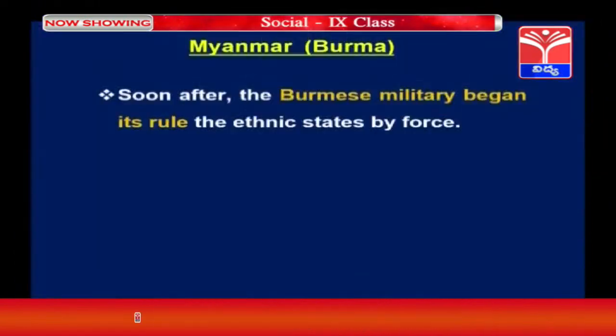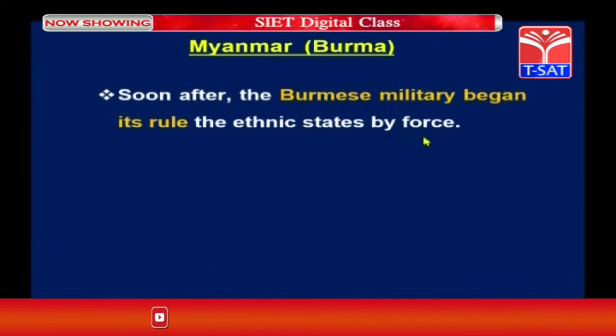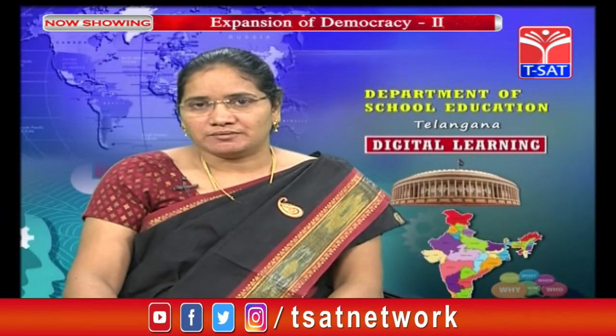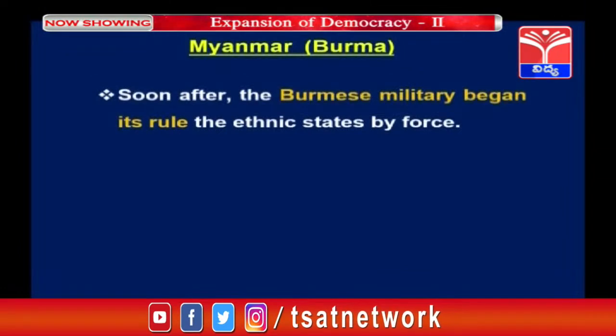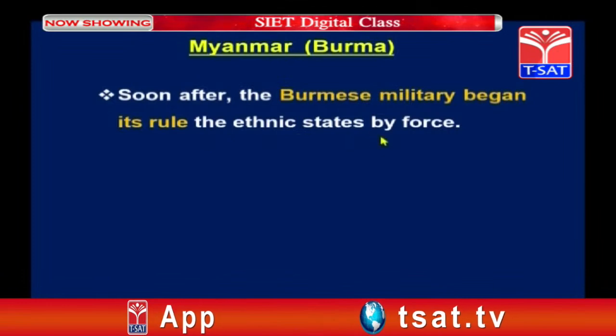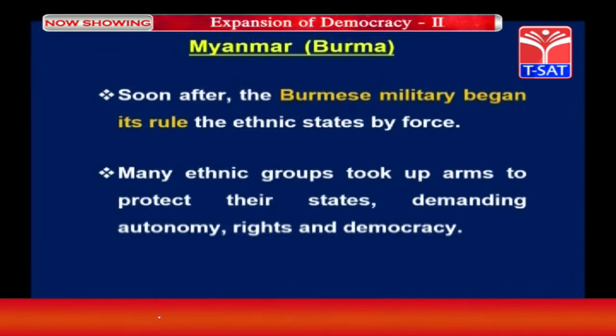Soon after the death of Aung San, the Burmese military began to rule the ethnic states by force. So, the military people started ruling this country. This was not liked by the ethnic groups.